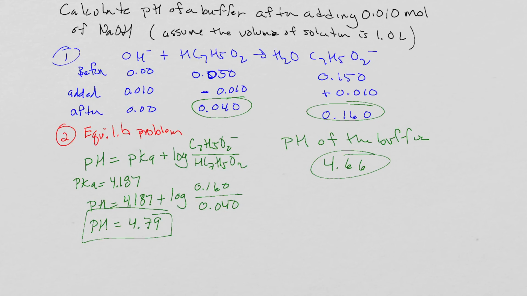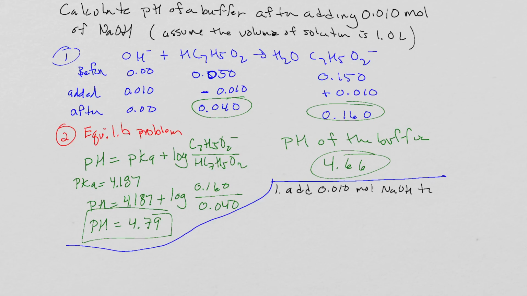And let me see if I can give you a little bit of contrast here. If we just add the same amount of base to water, so not a buffered solution, but just add that NaOH to 1 liter of water, what would be the effect on the pH?